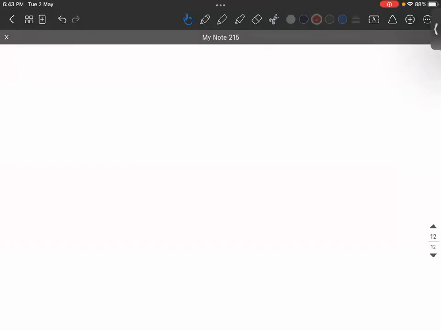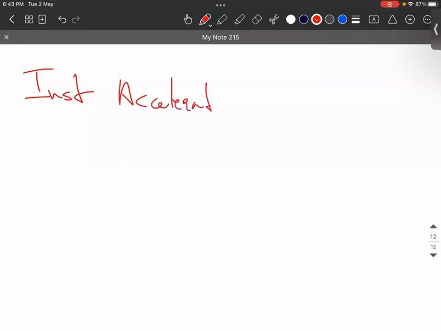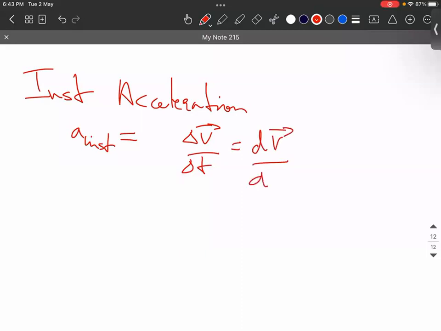Alright. Similarly, we can define something called instantaneous acceleration and average acceleration. Same concept. Instantaneous acceleration is acceleration at an instant. I can write delta V by delta T, or dV by dt.